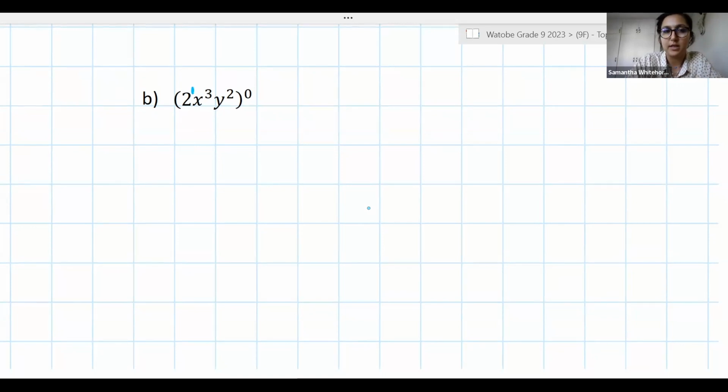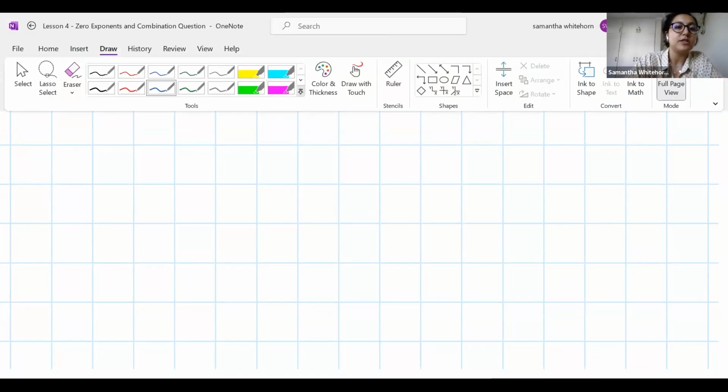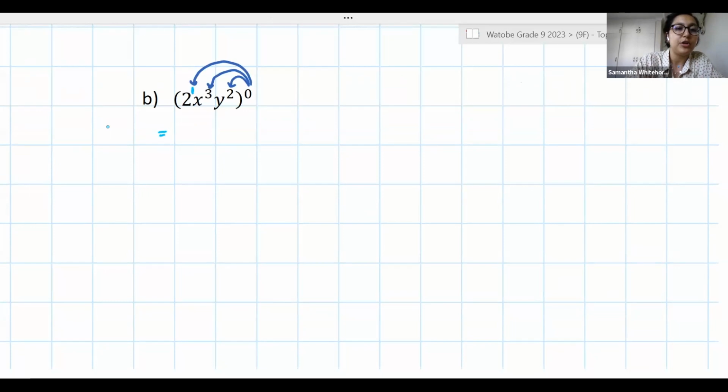We just don't write it there. And so what we want to do now is distribute the 0 to all of the exponents inside my bracket. So I have a situation of 2 to the power 1 times 0, x to the power 3 times 0, and y to the power 2 times 0.